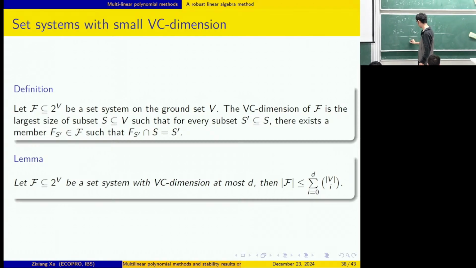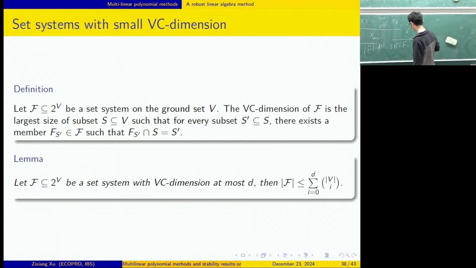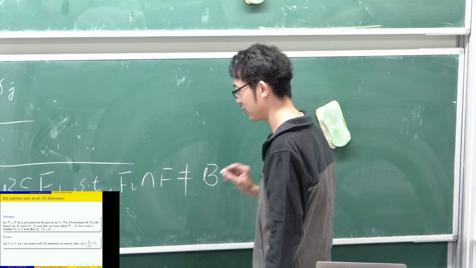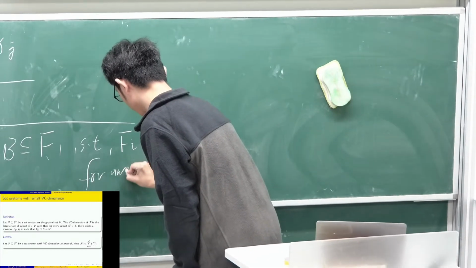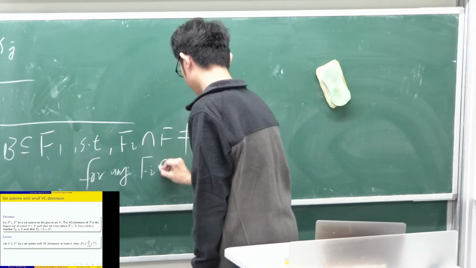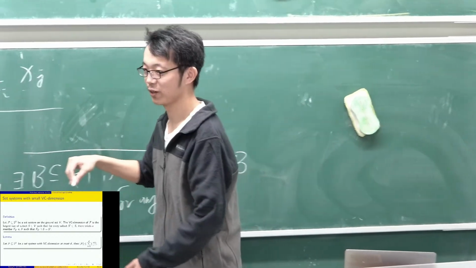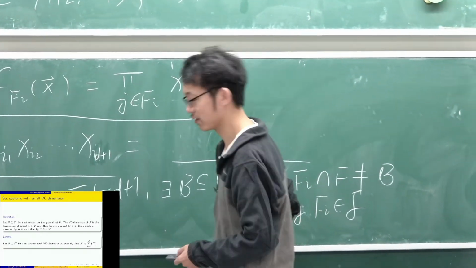So for each set of size d plus 1, there must exist some set such that it is not shattered, and based on this, you can design a polynomial and represent it as a low degree polynomial.